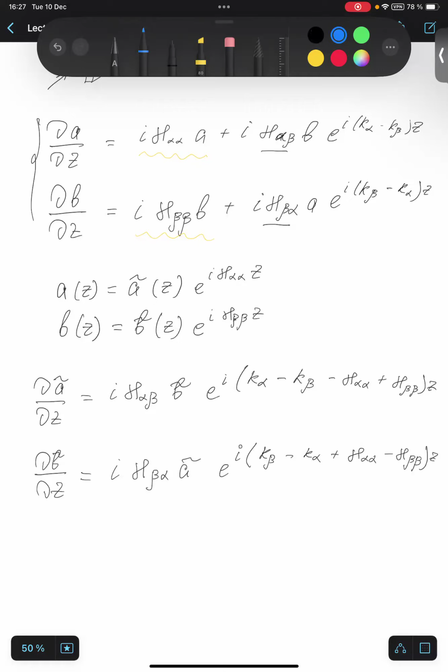For simplicity, let's call this part just kappa. So this one will become kappa conjugated. This we call 2 phi, and obviously this is also conjugated, so it's 2 minus i phi.